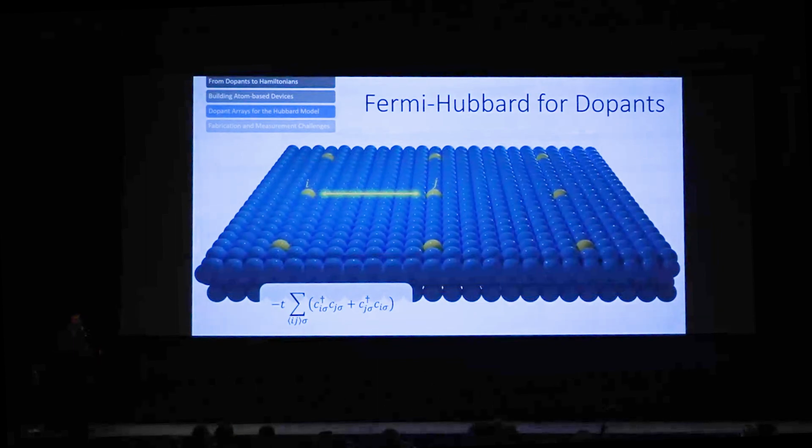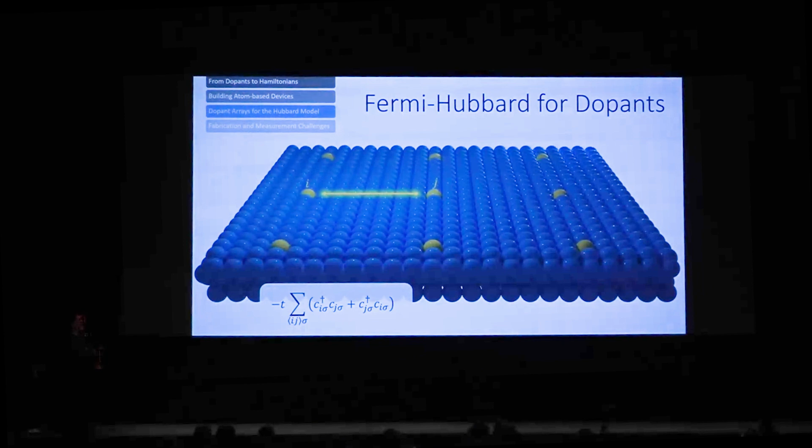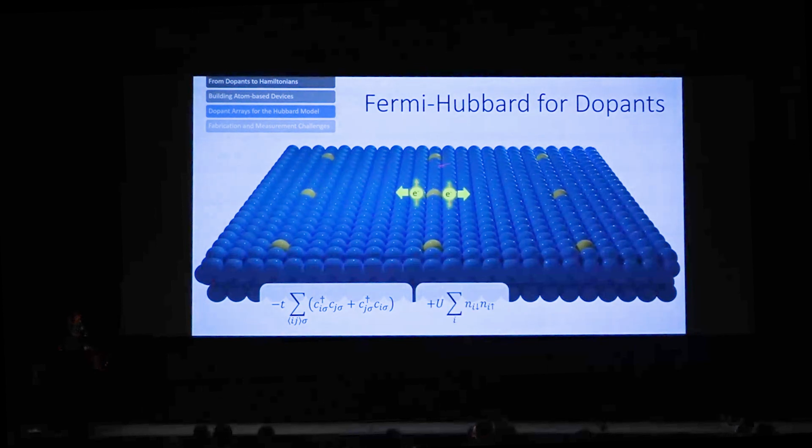So the basic idea is that in this system, we've got the dopant atoms. When we talk about the tunnel coupling in the Hubbard model, it's about how the electrons are coupled from one atom to another. So if we want to change the tunnel coupling, the simplest thing to do is just make the atoms be closer when we build one of these devices.